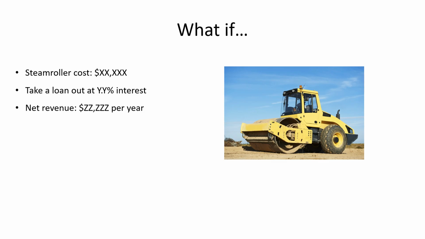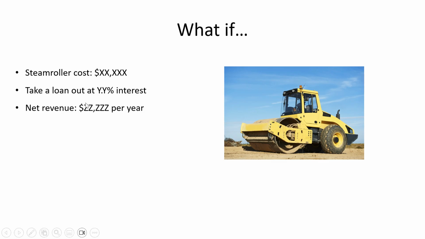payback analysis. And let's just say that it had some initial purchase price to buy a steamroller, and that you're going to be using borrowed money in order to finance the purchase, and it's at some certain interest rate that the loan has been borrowed. And you know, or estimate at least, that some new net revenue is going to be coming in each year.